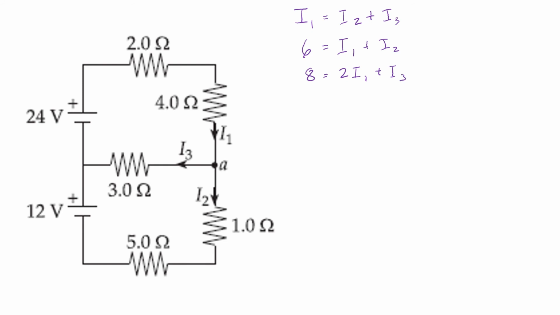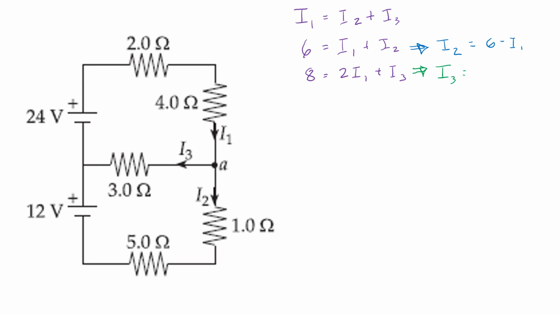I see that I1 is in all 3 equations, where I2 and I3 are only in 2. And so I'm going to take this equation here in the middle, and I'm going to put I2 in terms of I1. So I2 equals 6 minus I1, and I'm going to look at this third equation, and I'm going to put I3 in terms of I1.